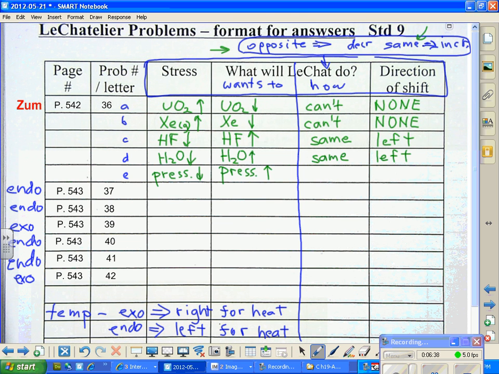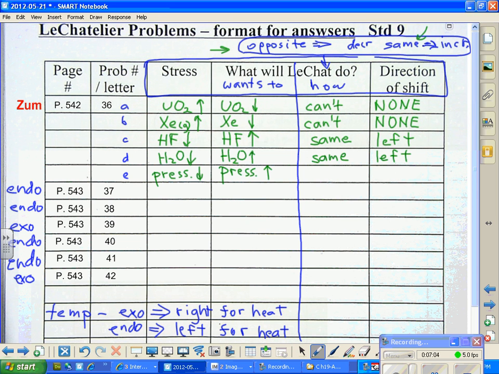Now, to go up, we're going to have to do something different than same and opposite. This time we've got to figure out where we have more moles. We find more moles by counting the coefficients on each side of the equation. So let's start with the UO2. Well, UO2 is a solid, so it doesn't count. It's not going to affect the equilibrium, so we can't count it.